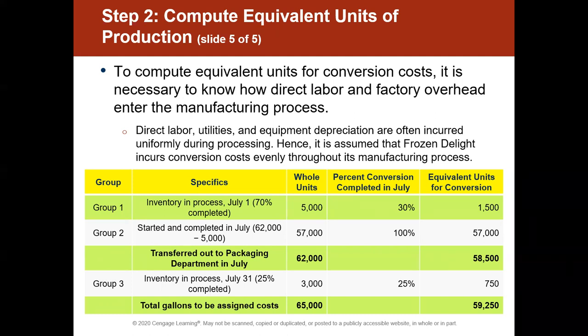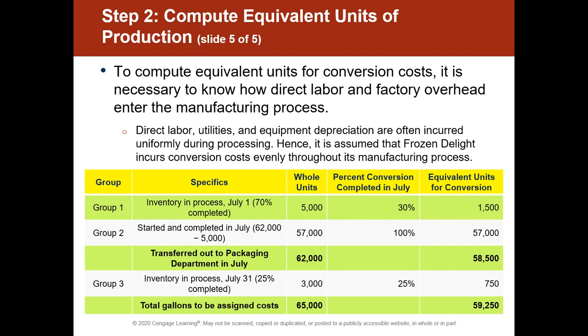So what they're saying is that when they started, they were 30% complete. Then the ones that we started and completed are 100% complete, and we shipped them out. And then the ones left over at the end are only 25% complete.